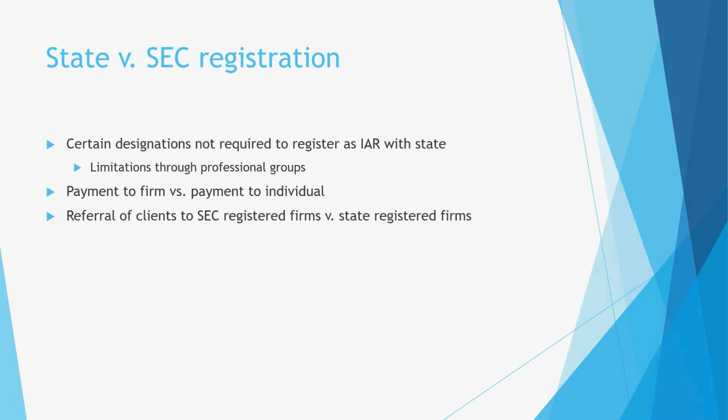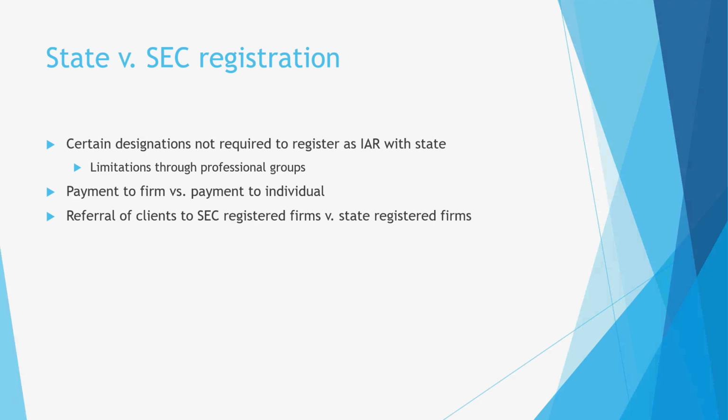Individuals holding certain professional certifications, such as the CFP or CFA, may not be required to pass an examination. So pretty standard exemptions for IARs. So a state that requires solicitors to be registered, you'll still have those specified designations that'll be exempted from the exam requirements.